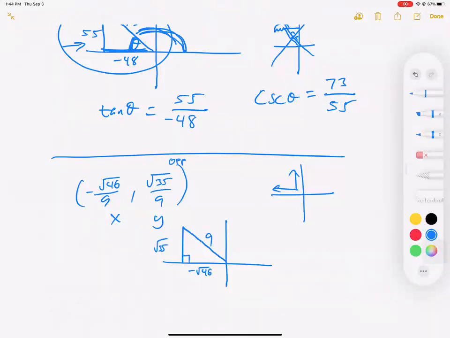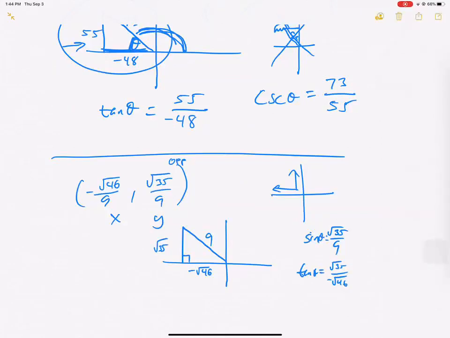So if I ask you sine, cosine, tangent, no problem. If I ask you sine, this is going to be square root of 35 over 9. If I ask you tangent, it's going to be opposite over adjacent.